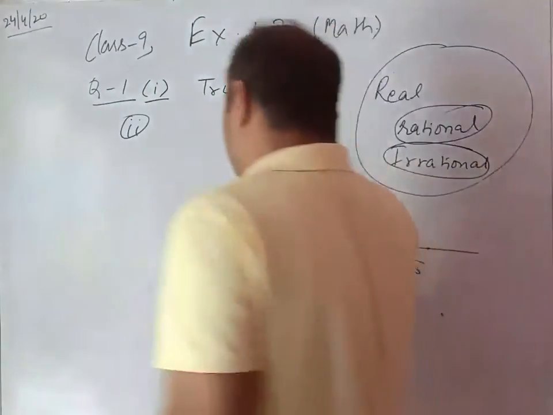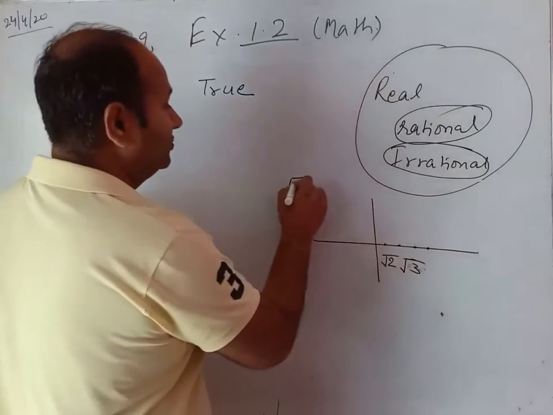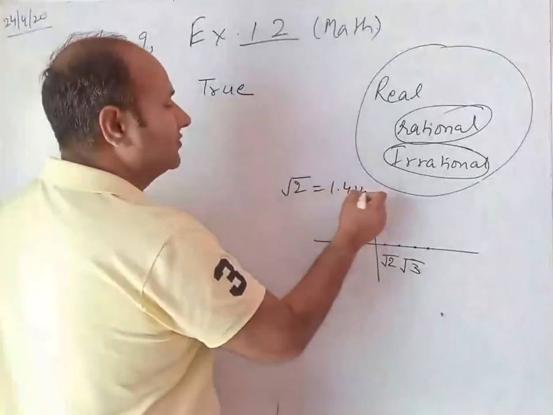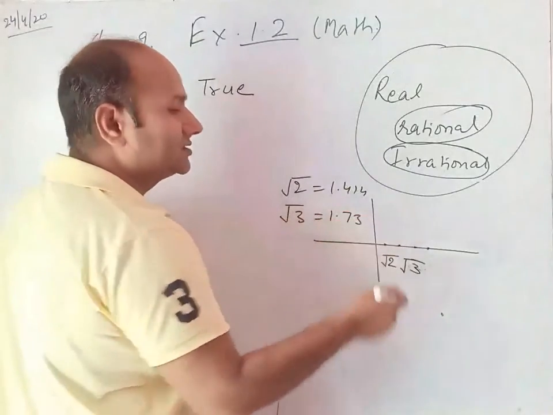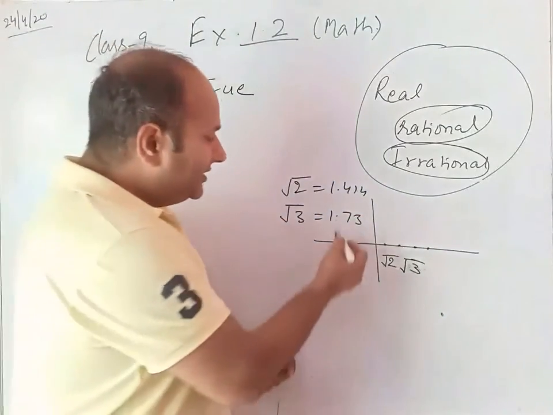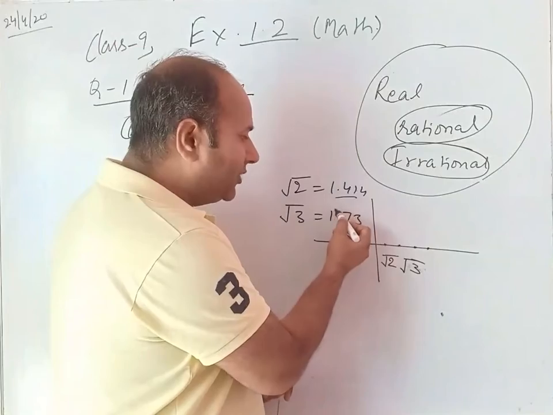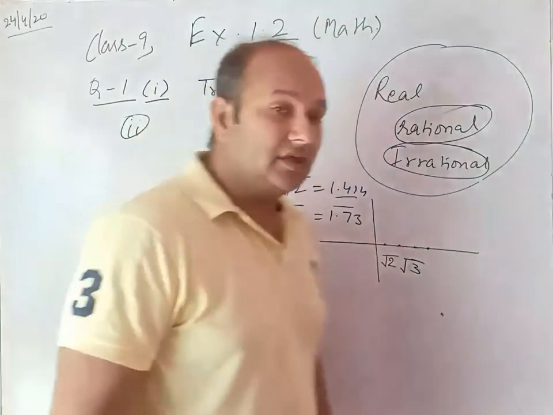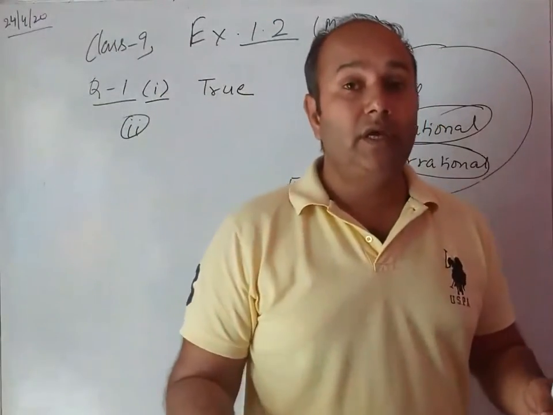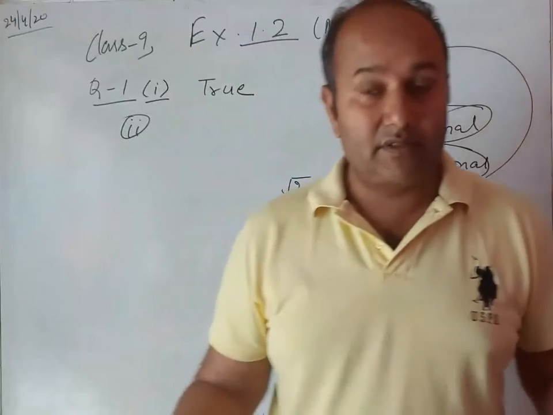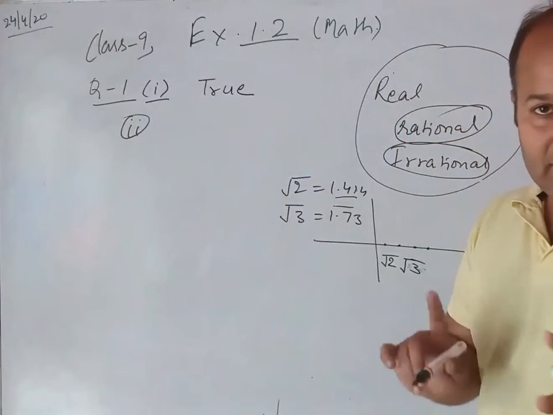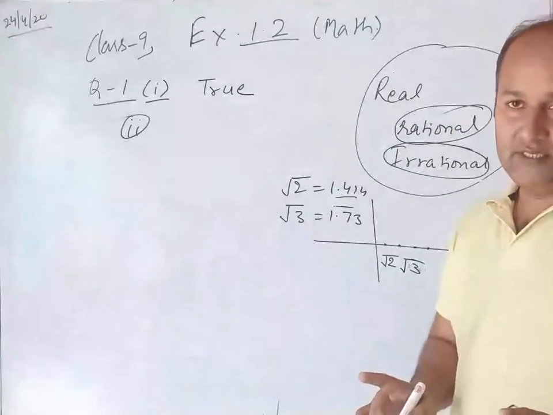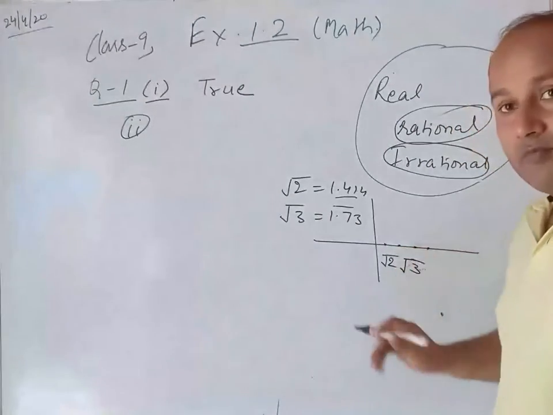But root 2 is 1.414 and root 3 is 1.73 something. Isn't there any number between 1.4 and 1.7? There are actually infinitely many numbers between root 2 and root 3. So every number here is not of the form root m.